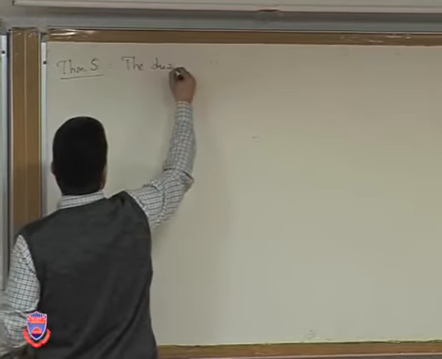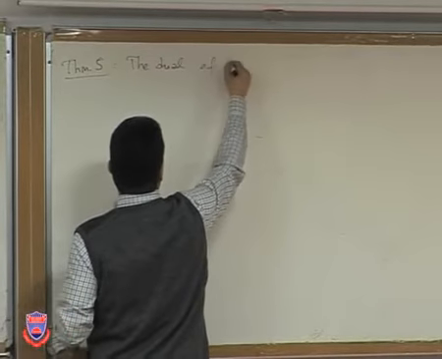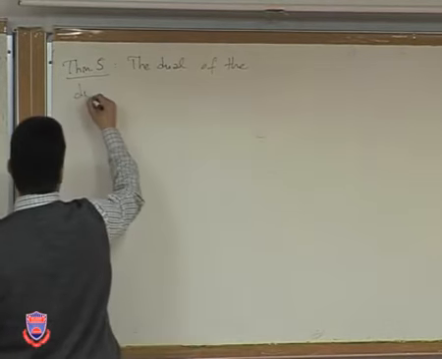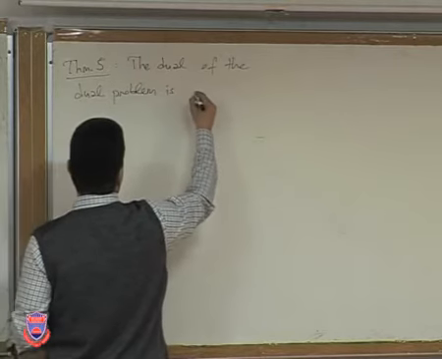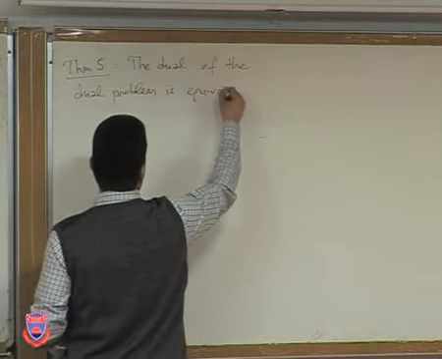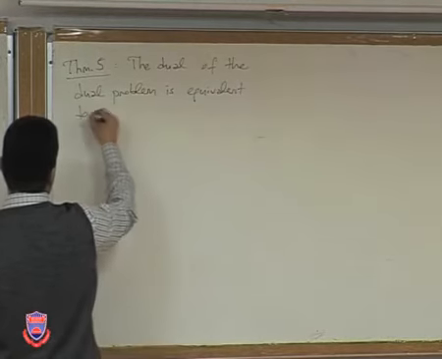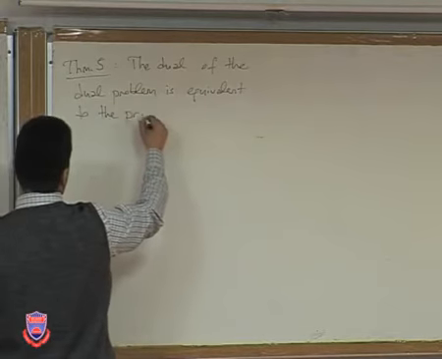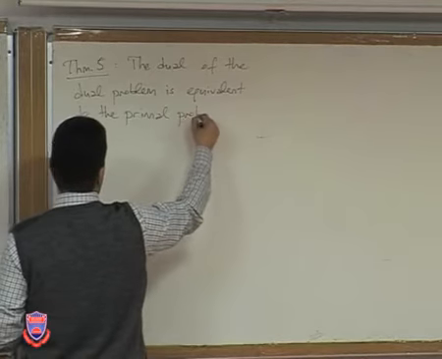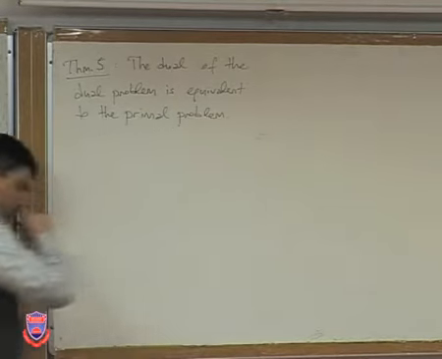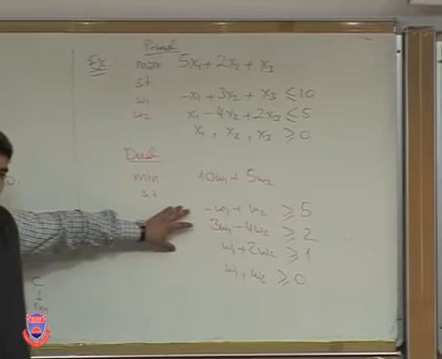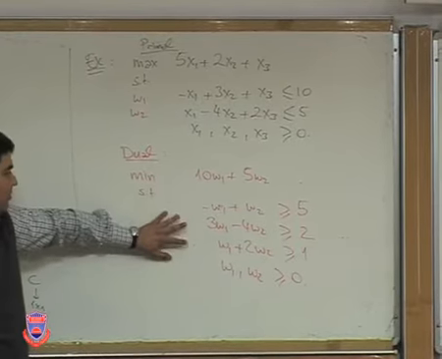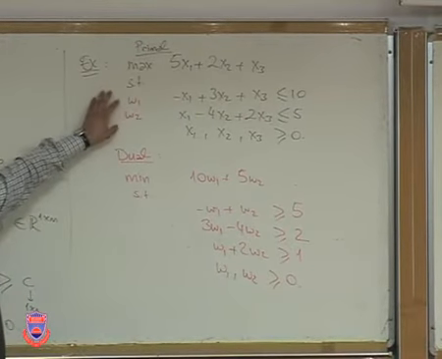The dual of the dual problem is equivalent to the primal problem. Basically what this says is the following. If I use this as my starting problem, and if I take the dual of this problem, then I obtain precisely the primal problem, okay?